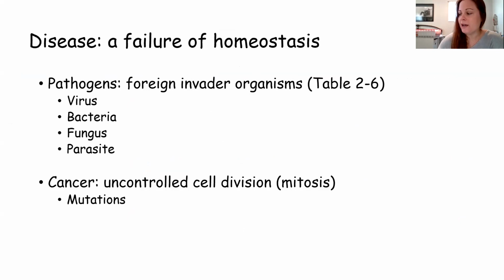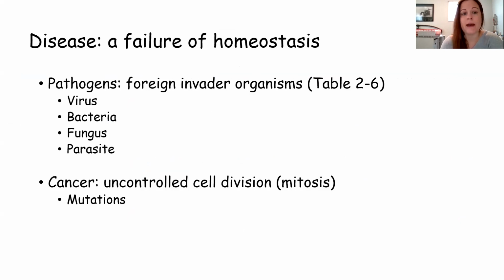All right, so starting off on page 33, this part of the topic talked about what are some agents that can cause disease. So this term pathogen is a really important term in Regents biology, and a pathogen is just a general term for any foreign invader organism. So these are living things that can cause disease.